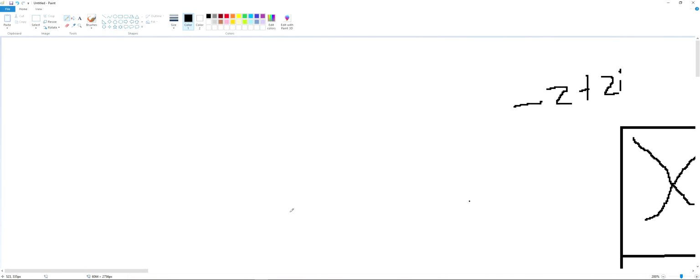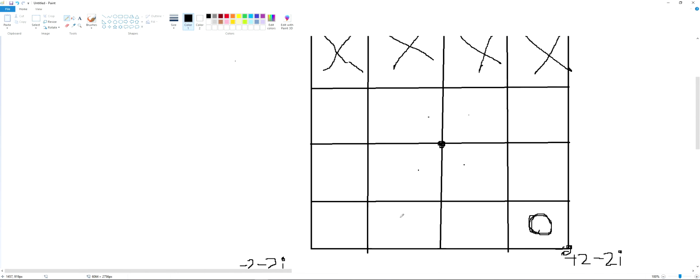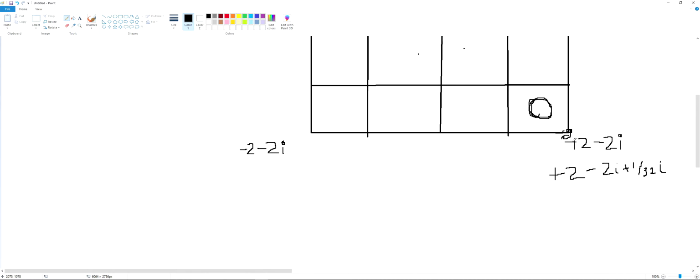So okay, just a quick note: when I was recording this, when we were talking about where the boundary of the pixel aligns, I added this +1/32i to the wrong thing. You don't want to add it here. You want to add it to the 2. So if we get rid of this i, we just want to add 1/32.